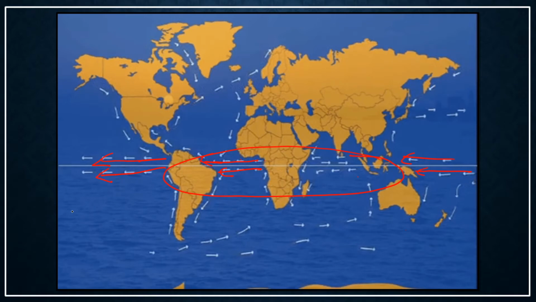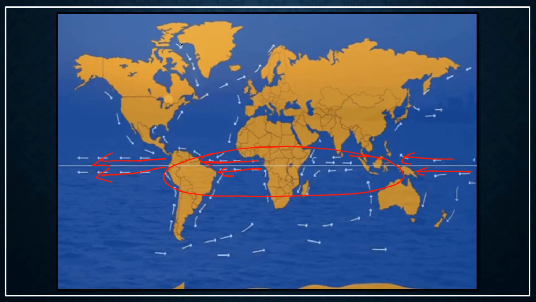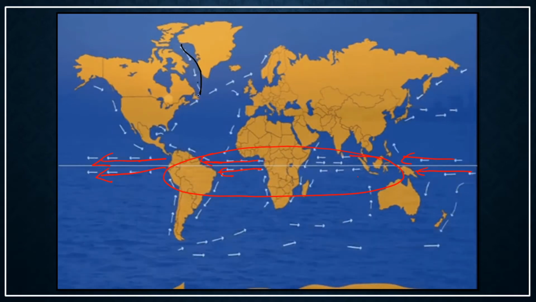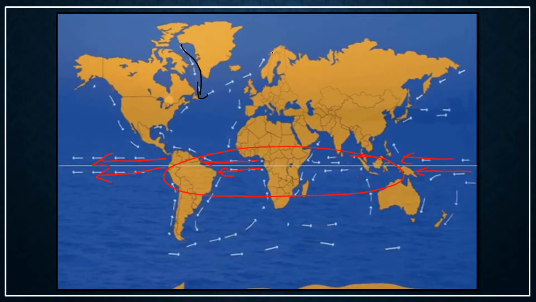The cold ocean currents generate from the polar areas and they move towards the south in the northern hemisphere. In the southern hemisphere, they move from the south to the north, somewhat like this.